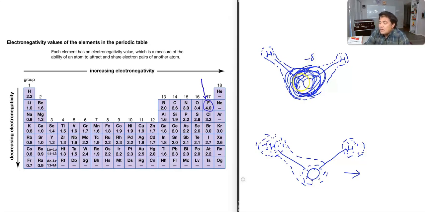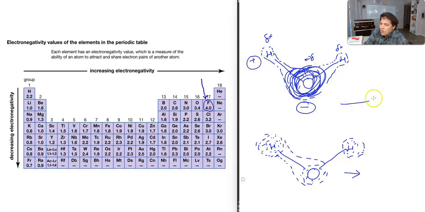Partial charges are denoted by delta, so this has a partial negative charge, and these will have a partial positive charge. Similarly, this has also a partial positive charge. So it has two poles. However, these are weak poles, but two poles. This is the negative pole because it is delta negative, partially negative, and this is the positive pole.